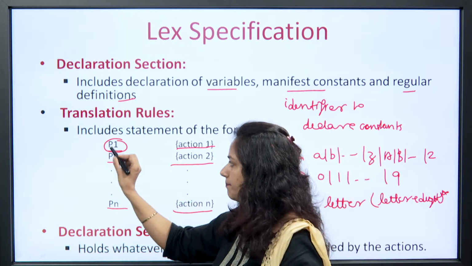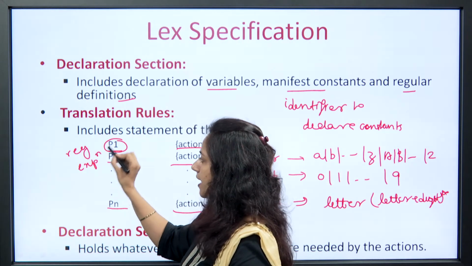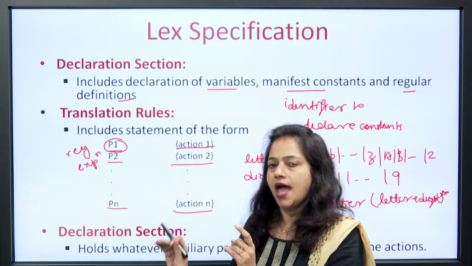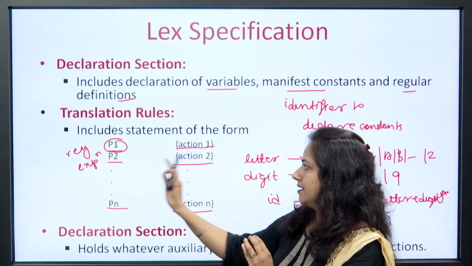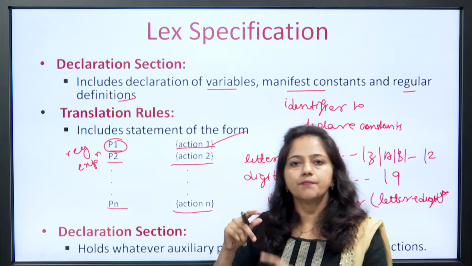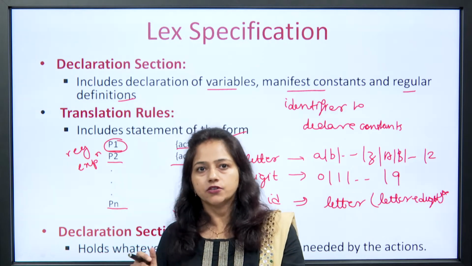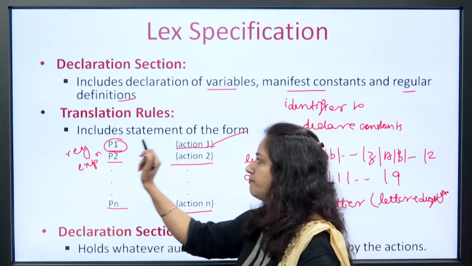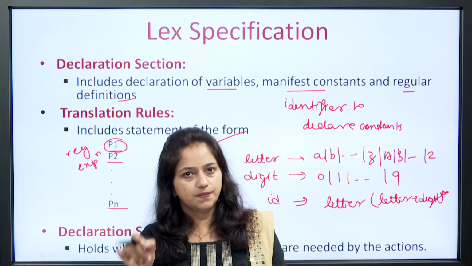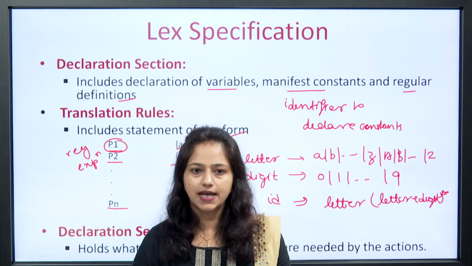Here we write the patterns using regular expressions. So, here we will write a regular expression for every pattern allowed in the programming language, and will attach with it the appropriate action. What is this action? This action is some code or routine written in a programming language like C. It tells what to do if the pattern is recognized. What to do means we may require to make an entry in the symbol table, or we may require to produce a token. So, the appropriate action will take place.